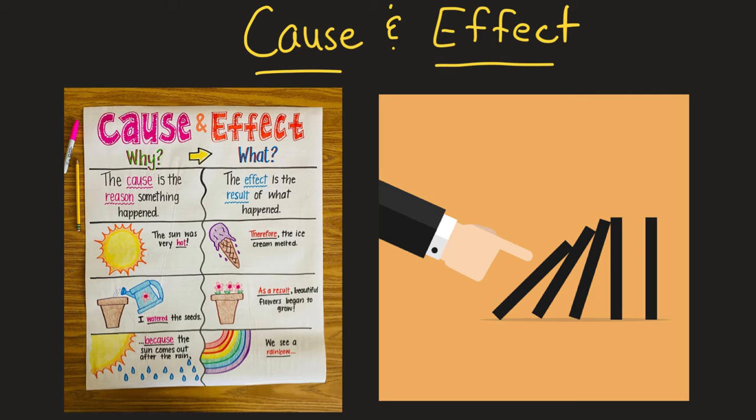We're not watering plants because there are flowers. There are flowers because there is water. So get them in the right order. And the last example here is when there's sun and rain, that will cause the effect of seeing a rainbow. This happens all the time in science.